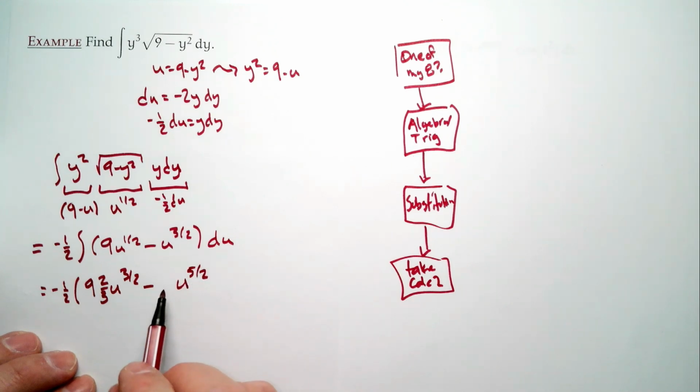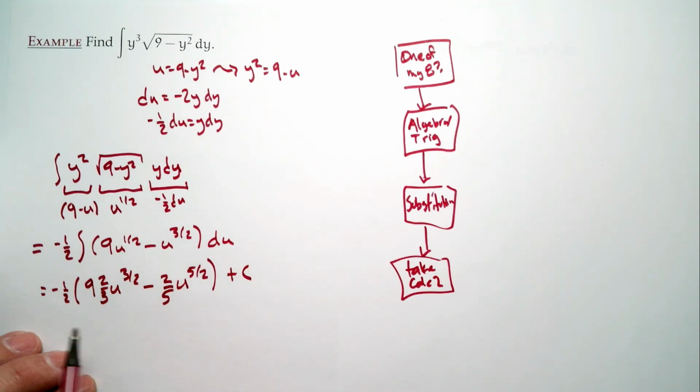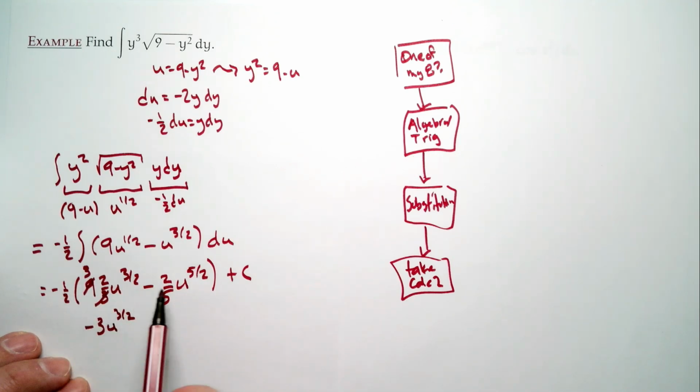Then multiply by the reciprocal, which is 2/5. And then put a plus c. And let's go ahead and just multiply this minus a half through. The 3 goes into 9. Minus a half times 3 times 2 makes this minus 3 u to the 3/2. Minus a half times minus 2/5 makes a plus 1/5 u to the 5/2 plus c.